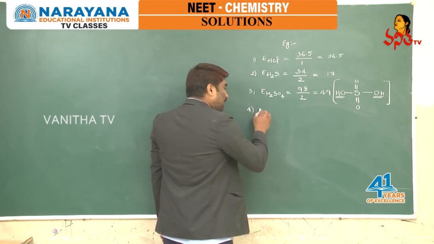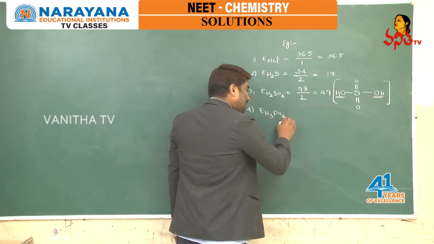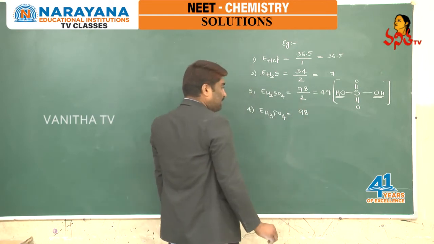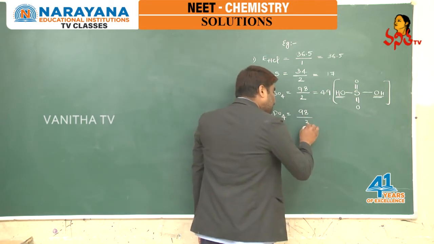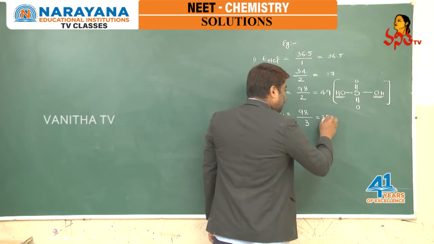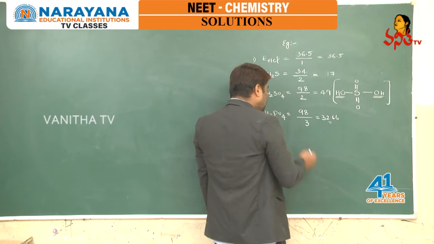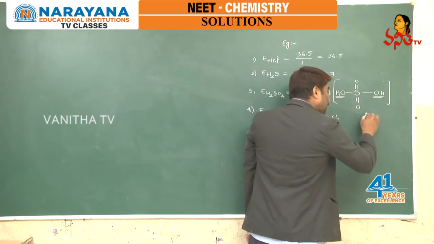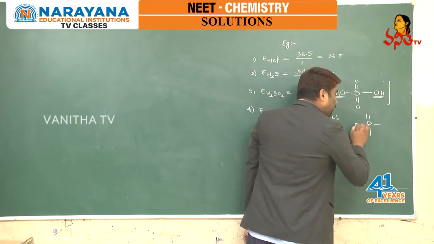Coming to another example, the equivalent weight of H3PO4, phosphoric acid. The molecular weight of phosphoric acid is 98, and here the replaceable hydrogens are 3. That means 98 by 3, which is 32.66. How can you tell that all these hydrogens are replaceable? Again you have to go for the structure. Phosphorus belongs to the fifth group, therefore it can form 5 bonds.